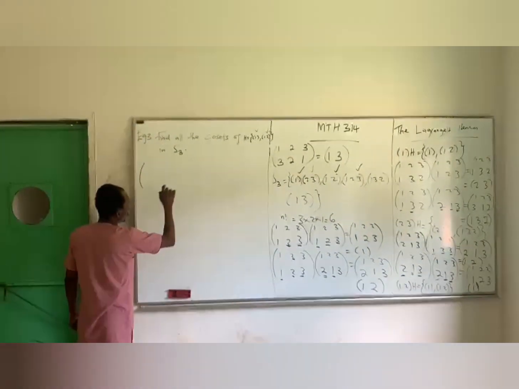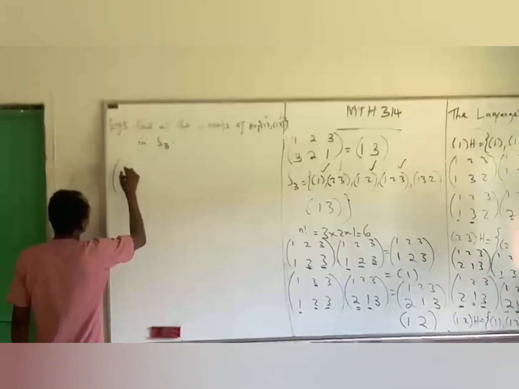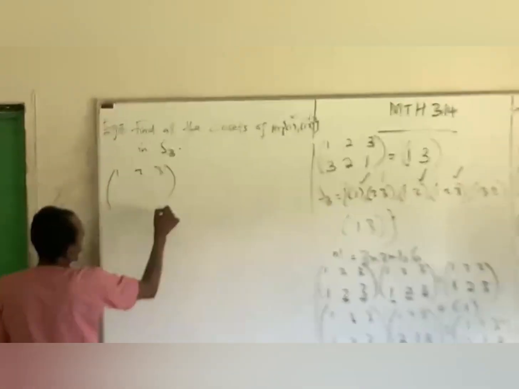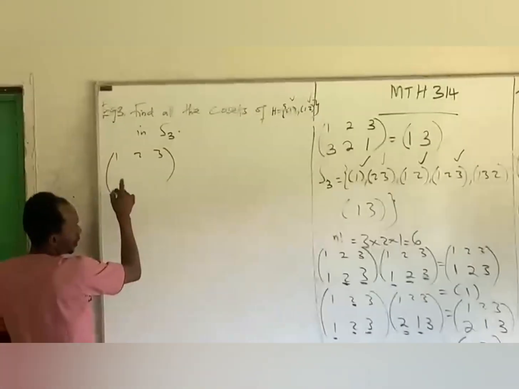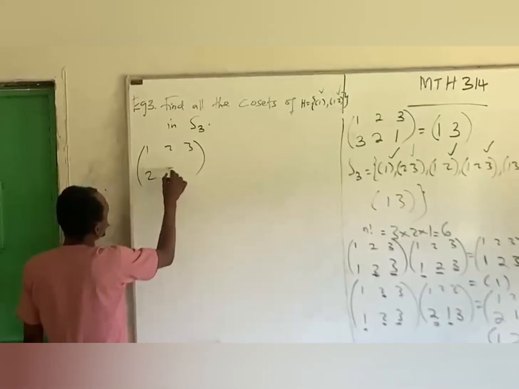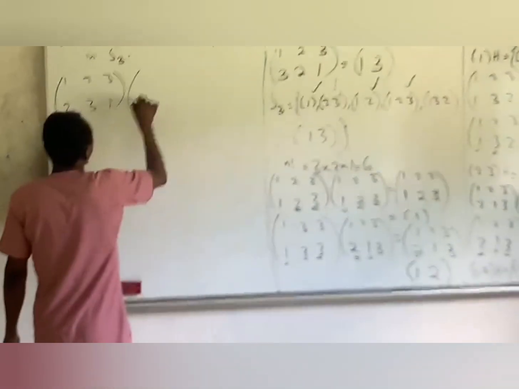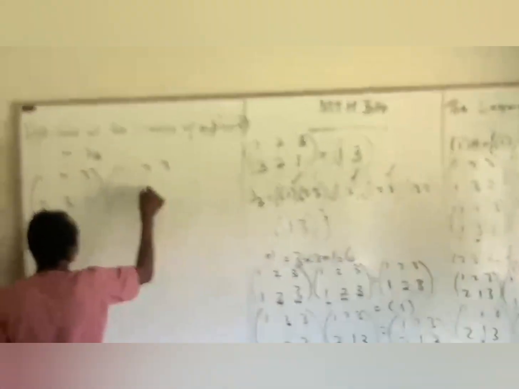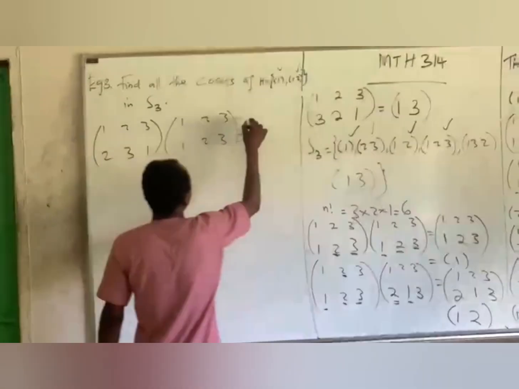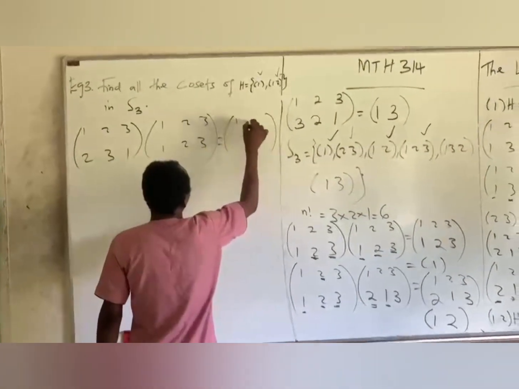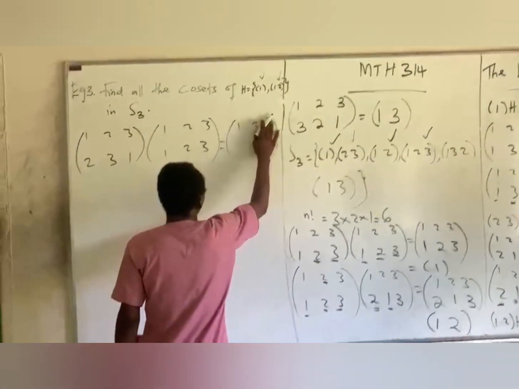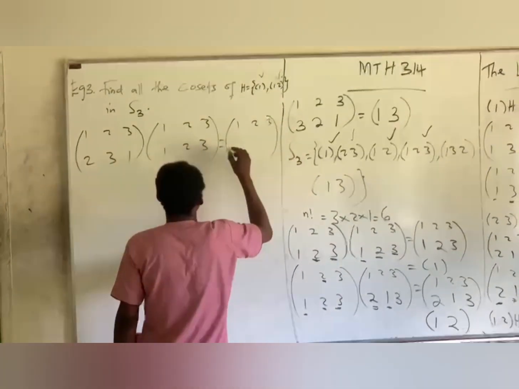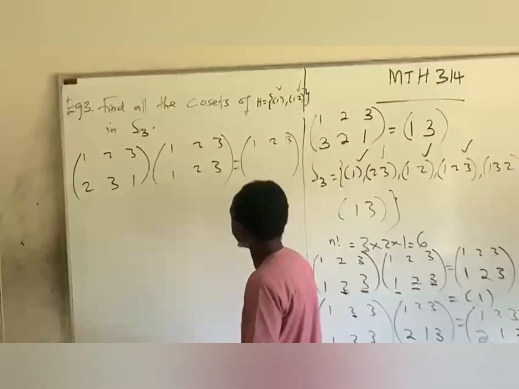We have multiplied 1, 2, 3 by this. What is the permutation for 1, 2, 3? Look at that: 2, 3, 1. Okay. So multiply it by this, the identity. Let's multiply by the identity and see what we get.